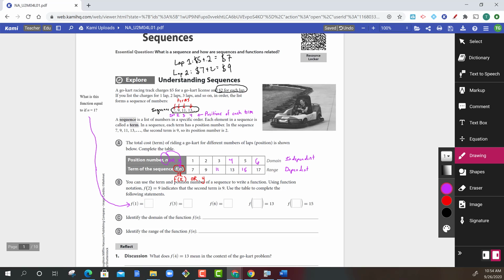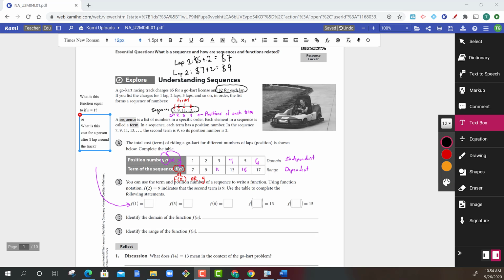There's another way to write it that may make more sense: what is the cost for one person? Because remember, f of n, these numbers 7, 9, 11, 13, this function is talking about how much it costs to be on this racetrack. So what is the cost for a person on this racetrack after 1 lap?